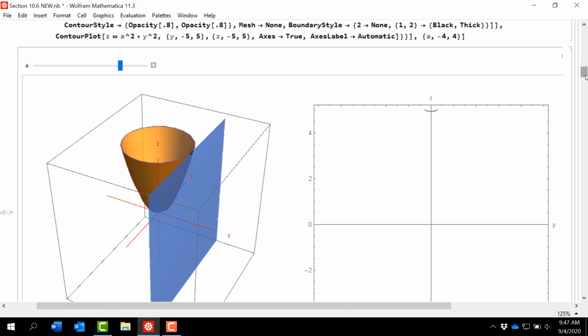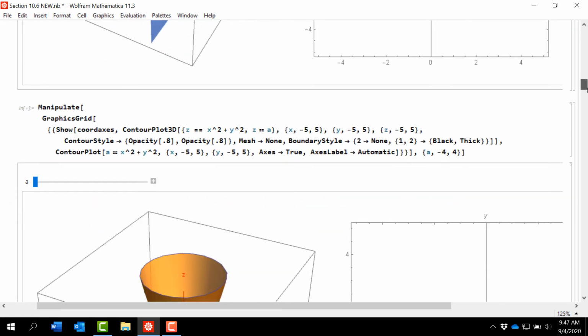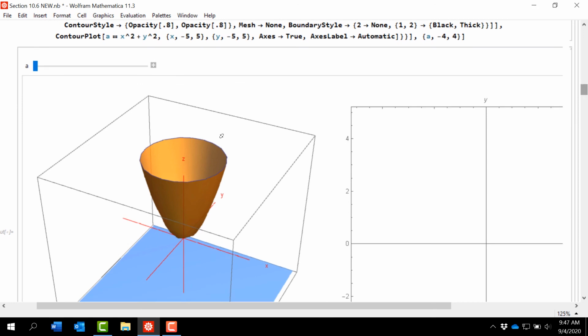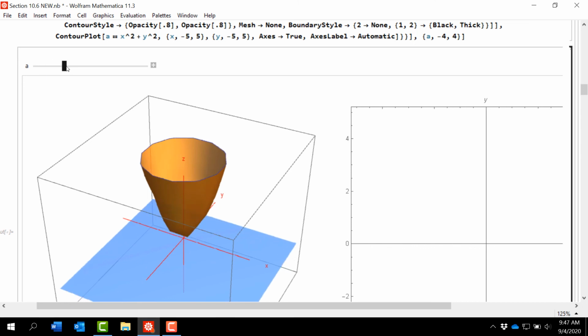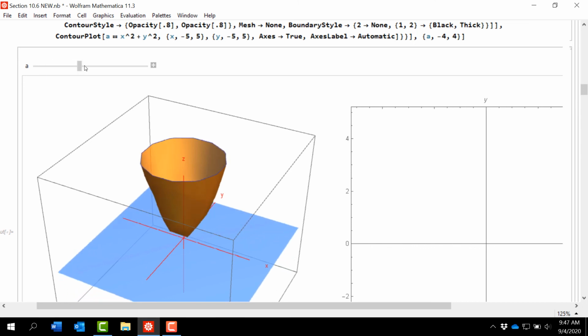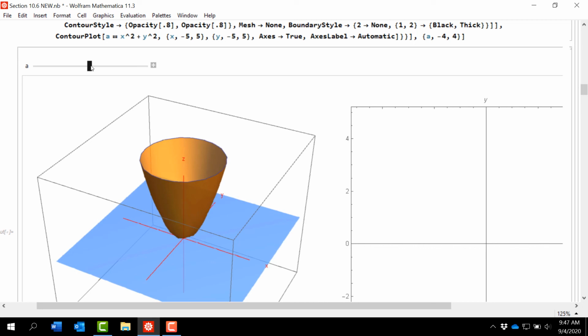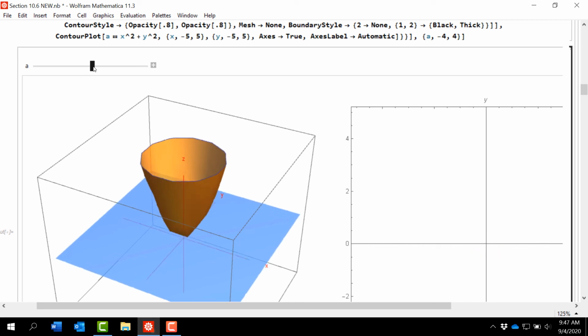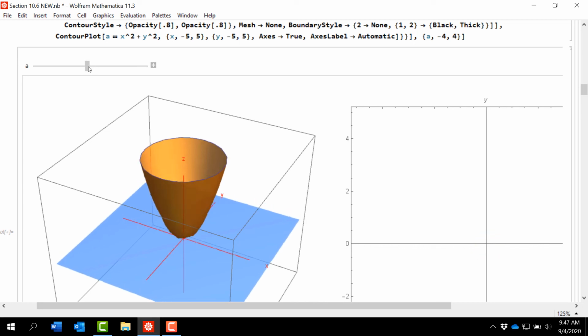All right, one more of these. Let's do the z traces. So we're going to fix a z value. And we said at the beginning that when z is negative, there is no graph. And so you can see there's nothing to intersect with. Bring it up to a positive z value, and all of a sudden I begin to get an intersection curve. It's very tiny, but yeah, there it is, right?